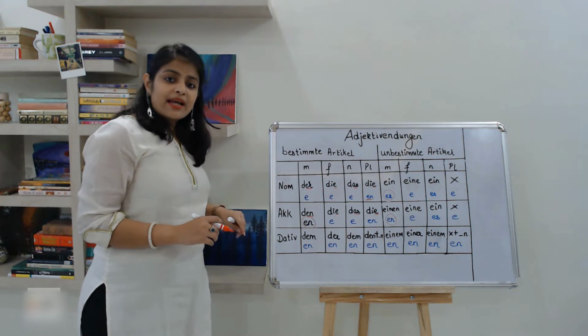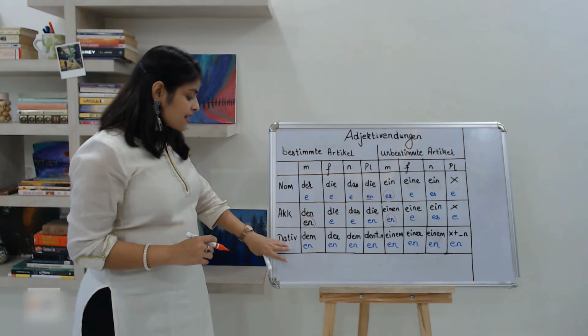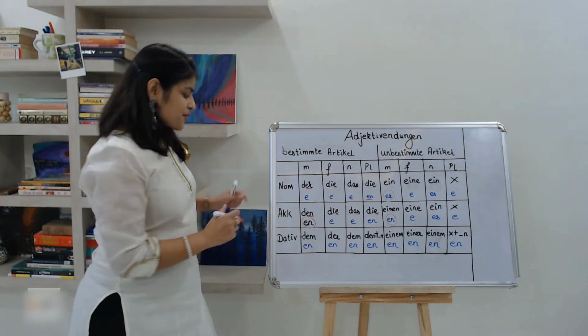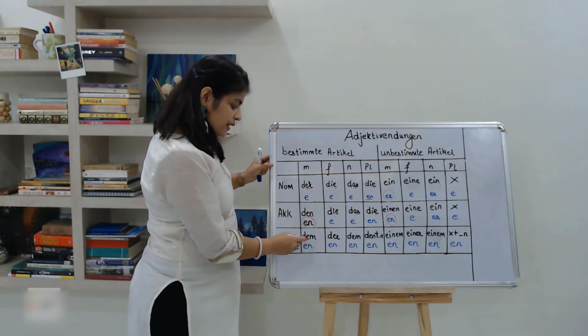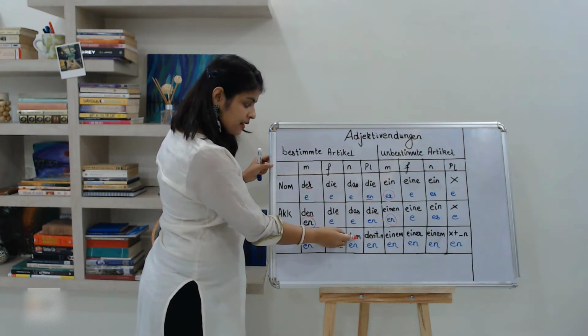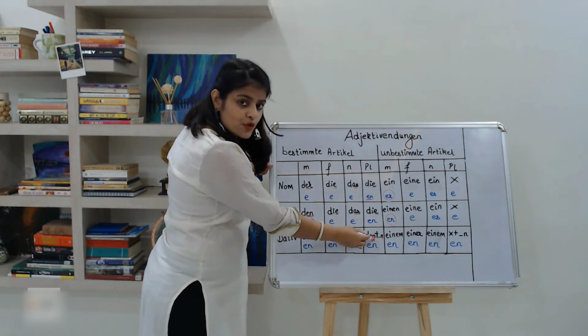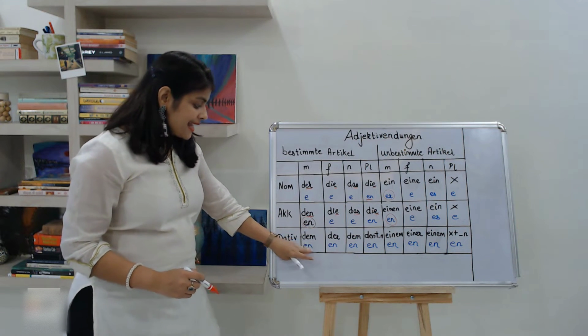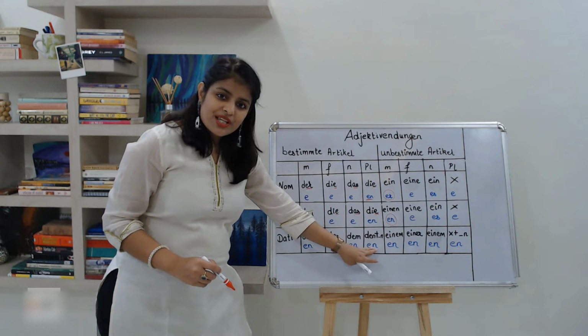Now, moving ahead to the dative one. Dative is the easiest of all. So, dative, bestimmter Artikel maskulin, dem, feminin der, Neutrum dem und Plural den plus n. Und Adjektivendungen sind en, en, en und en.